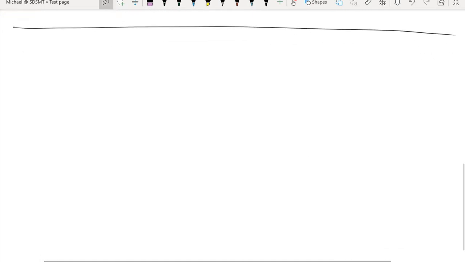So let's explore what it means to find the work done by a force using the integration approach. And we can actually do this with a constant force, just to give us an idea of what needs to happen.